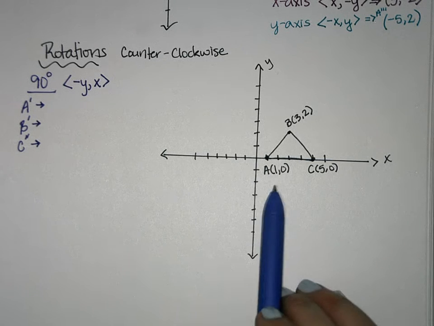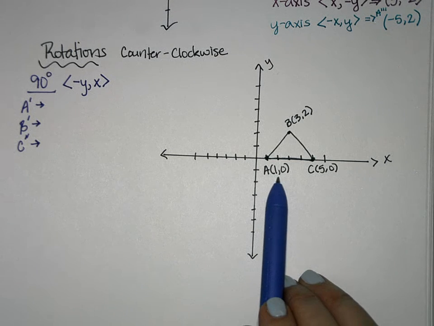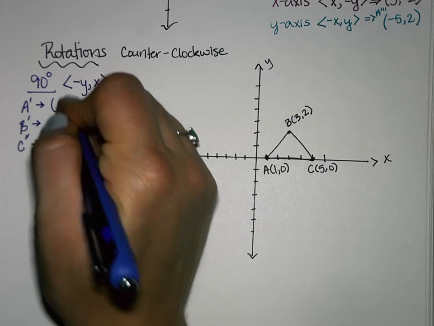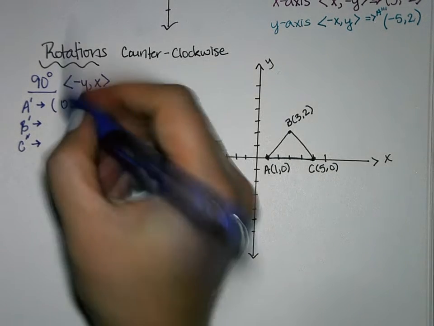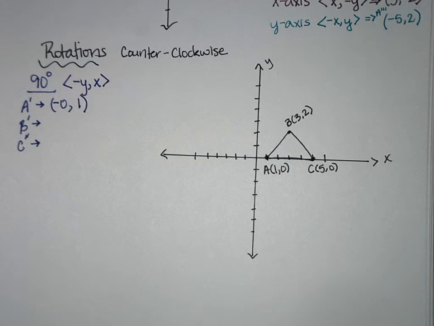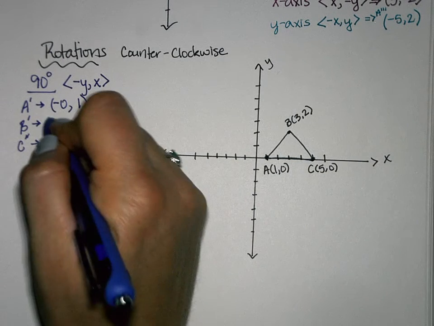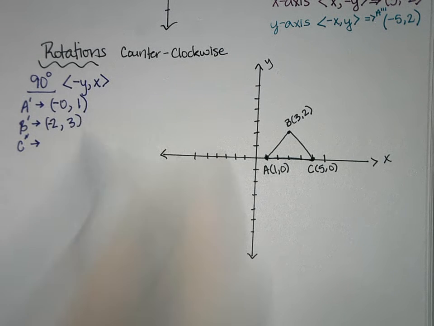So if I start with A and I apply the rule, I'm going to switch x and y. So if my x is 1 and my y is 0, I'm going to go 0, 1. And then I'm going to make the y opposite. For B, I'm going to switch x and y, so 2, 3, and then make the y negative, or opposite.